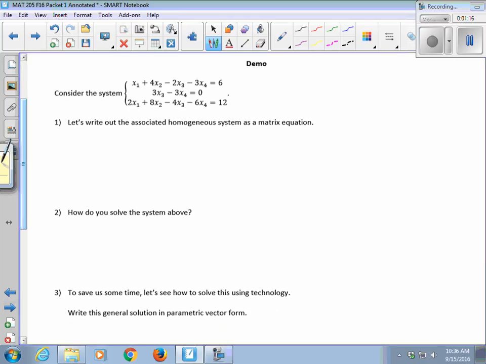All right, so I've got a linear system up here. I want to write out the associated homogeneous system as a matrix equation. So every system of equations has an associated homogeneous system. How are they related? What do I do to get the associated homogeneous system?